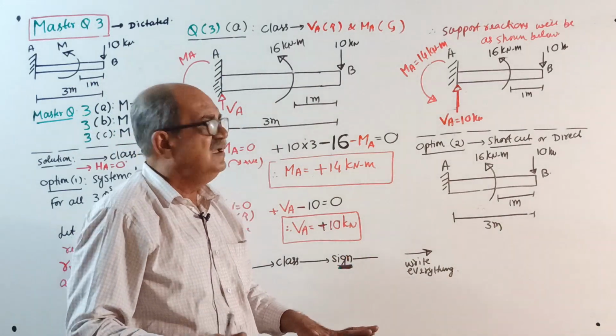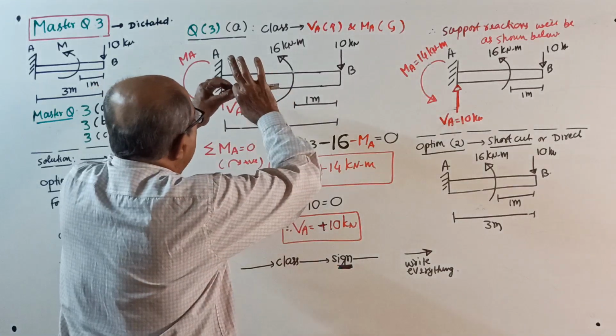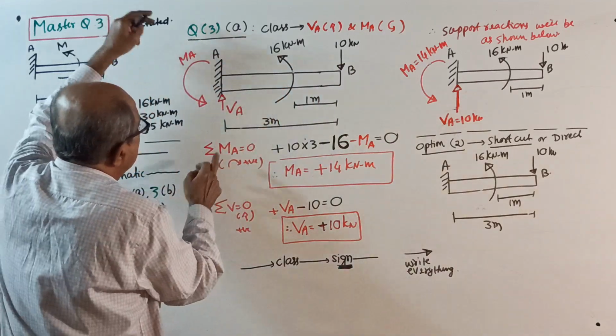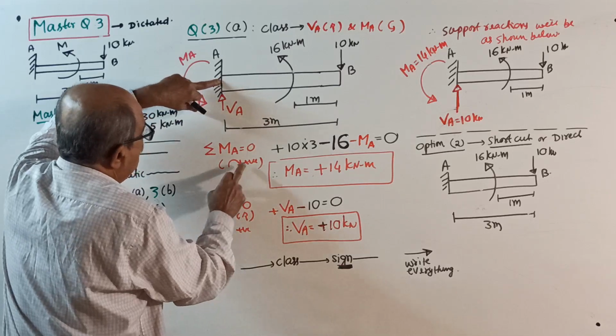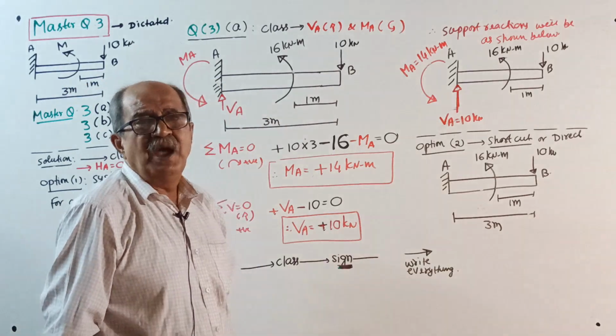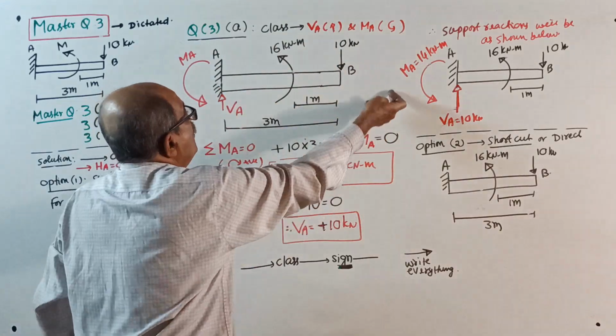Traditionally, for such a cantilever, you write reacting moment like this. Assume it. Okay, start. Sigma M about A equal to 0, clockwise positive. I told you repeatedly, when you apply equilibrium condition, you have to see the complete beam, not one side.